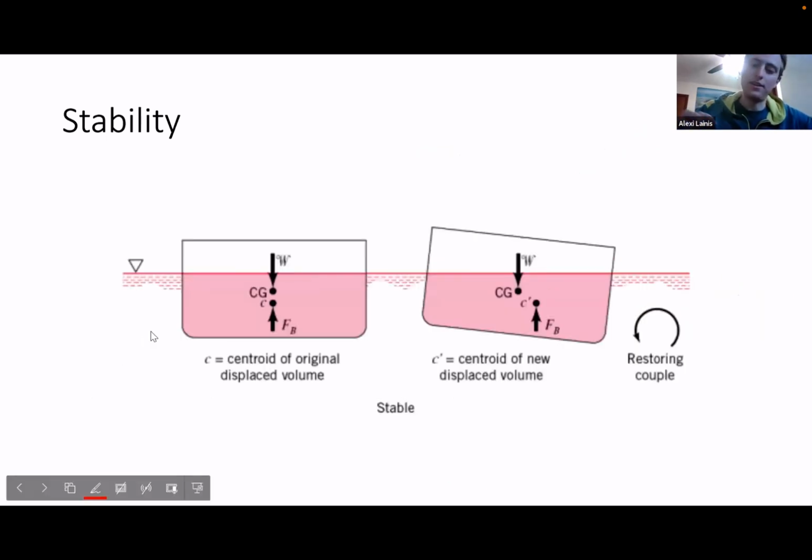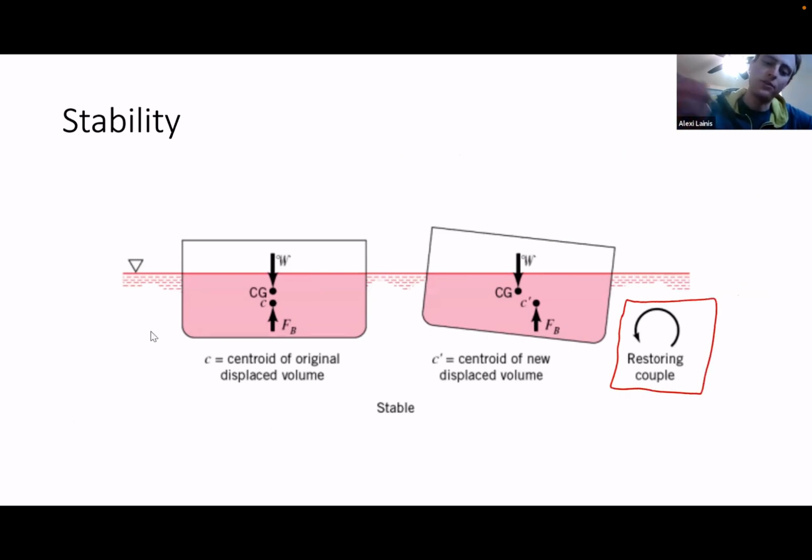As we can see with our little drawing here that I cropped out in the previous slide, we're having a restoring couple. The reason is if we did the sum of moments at point W, or we'll call that CG, the center of gravity, when a force acts directly on the point it doesn't matter.